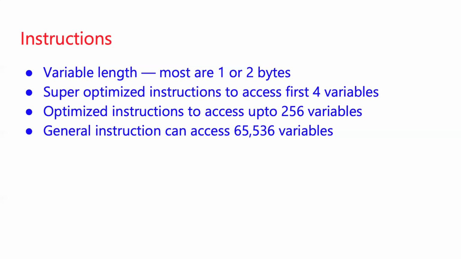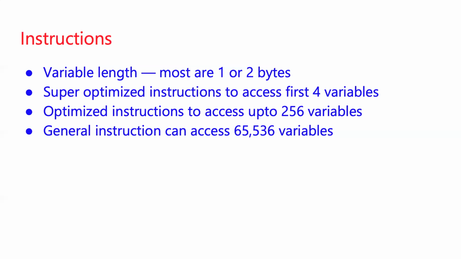There's even a general version that lets you have a 2 byte operand for which variable you want. That would let you access up to 65,000 different variables. It would take 3 bytes to encode that instruction, but for methods that needed a ridiculous number of variables, that could let them have an array of local variables with a lot of slots in it.